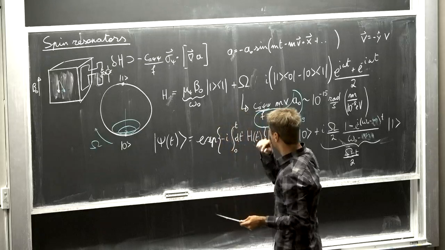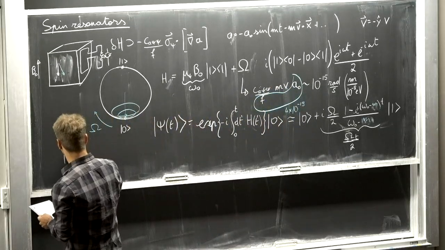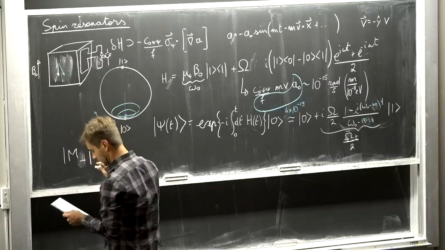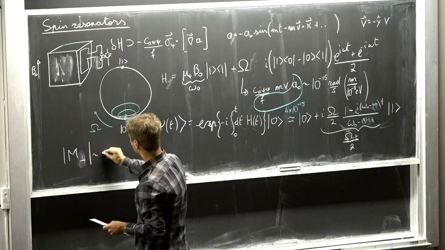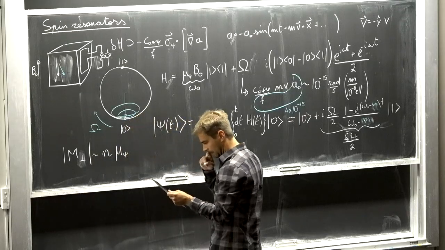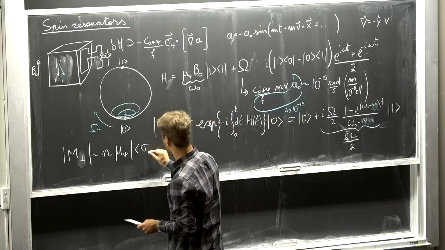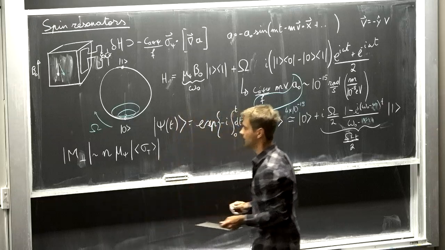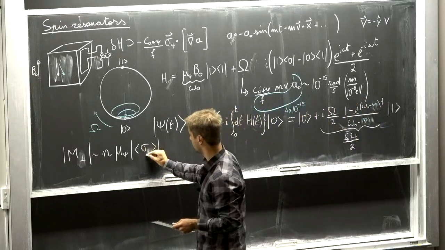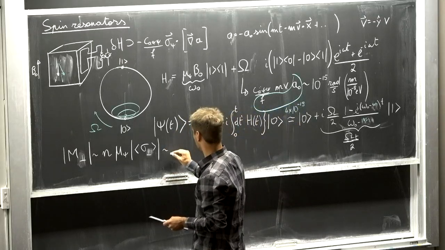Okay, let's get a sense of the numbers. So the transverse magnetization, let's say in the transverse direction, would be the density of spins, their magnetic moment, and the RMS transverse spin polarization.